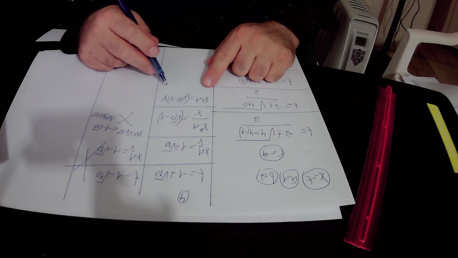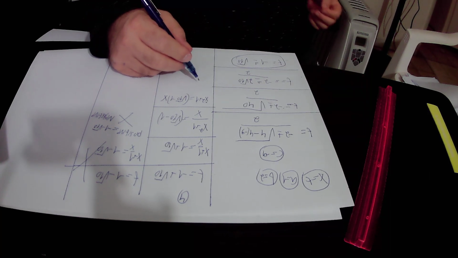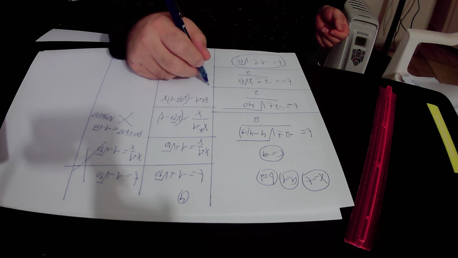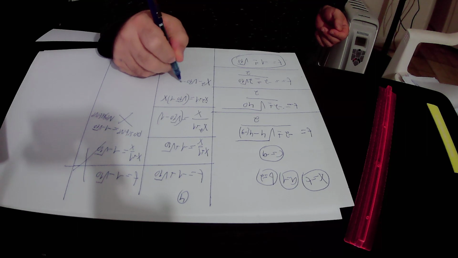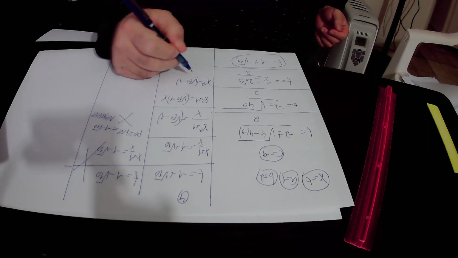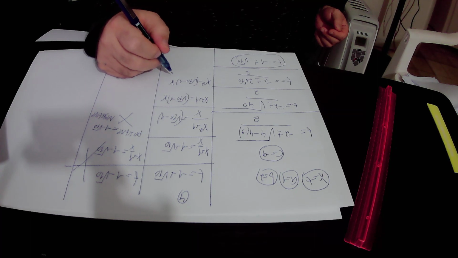Here we will subtract from this equation the square root of 10 minus 1 times x, and we will get that we actually have a quadratic equation. The quadratic equation is x squared minus the square root of 10 minus 1 times x plus 1 equals 0.